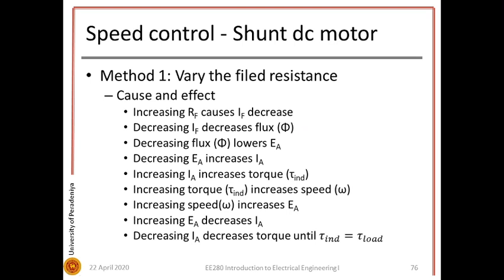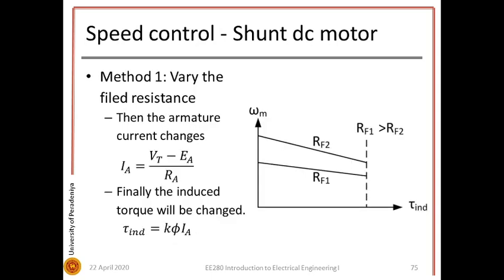If you recall this equation, look at this equation. When you change the field current, EA is going to change, so your IA is going to change. At the same time, if you look at the induced torque equation, it is K phi IA. So when the field resistance is changed, flux is going to change as well as IA.